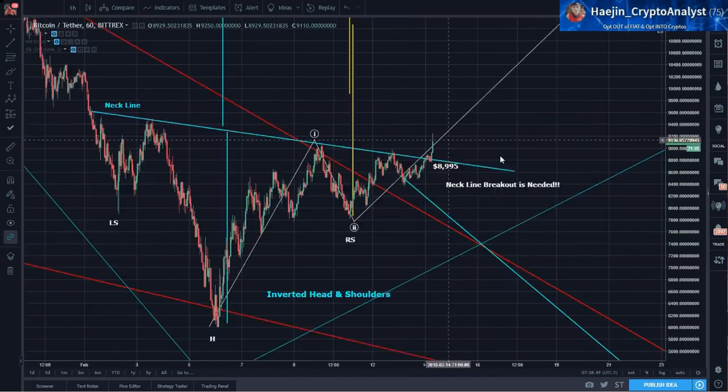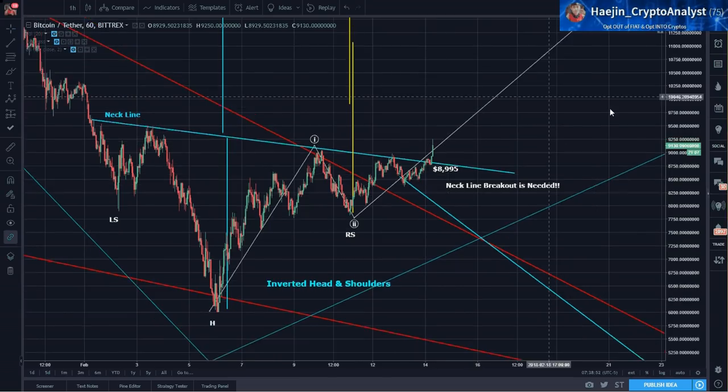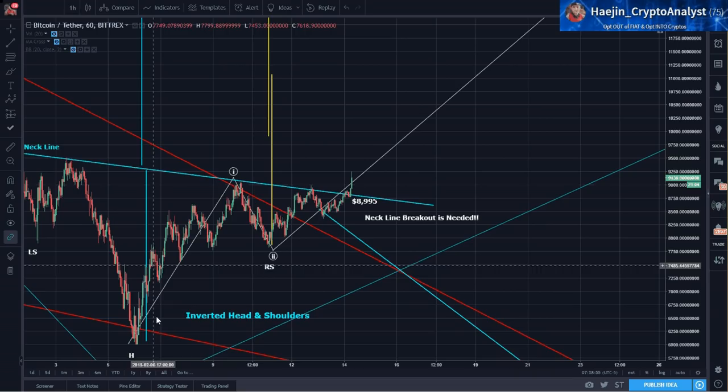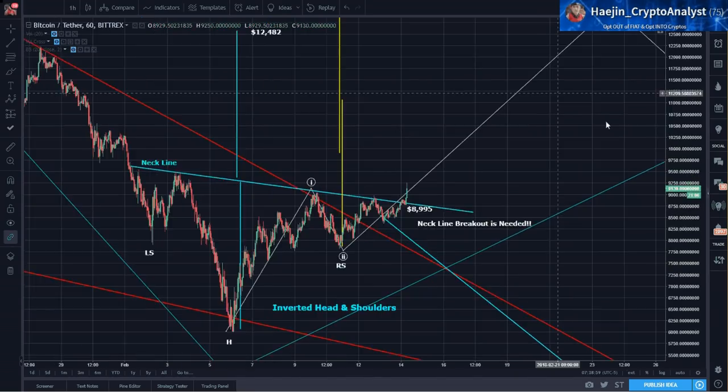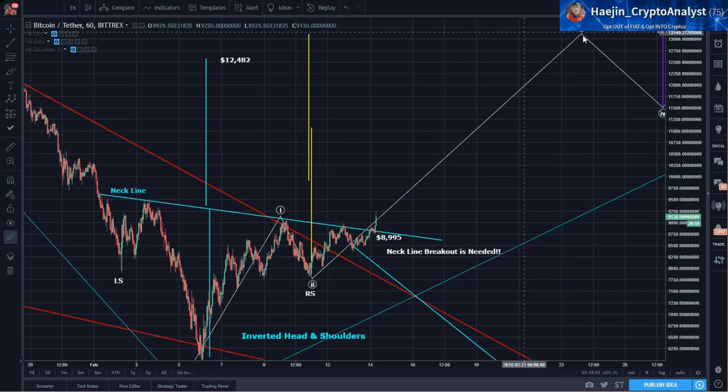So where to now? If this is wave one, wave two, and we have wave three, we need to fill in the subwaves of three. How did I get wave three to be this high, at around 13,123?